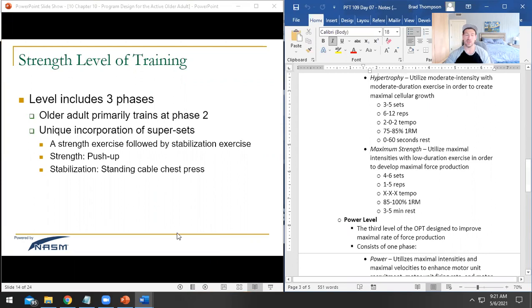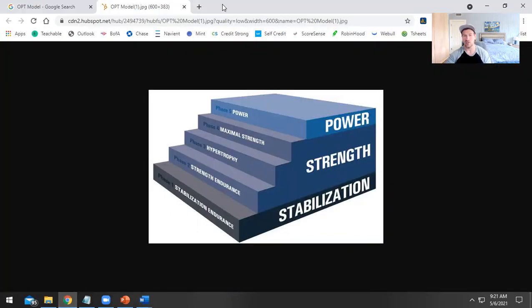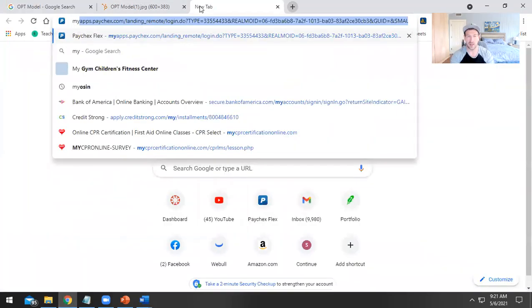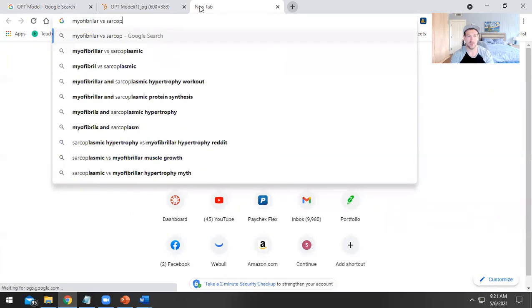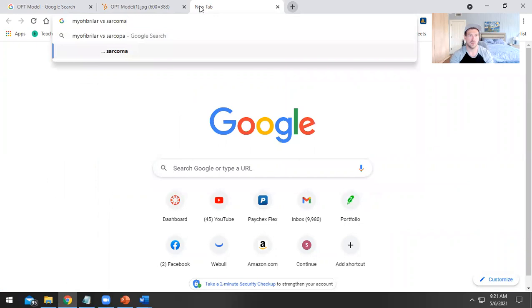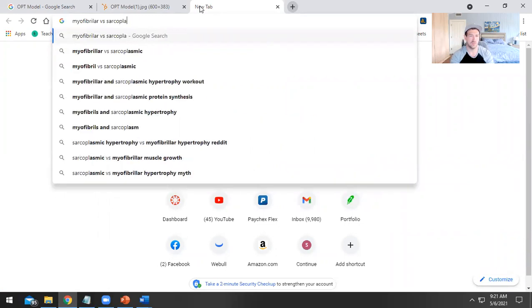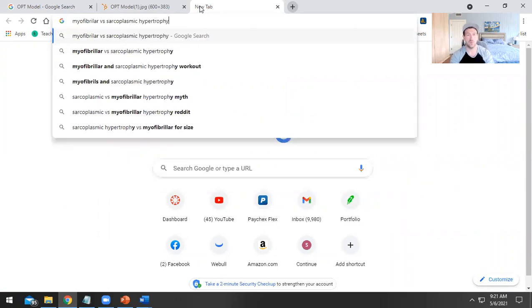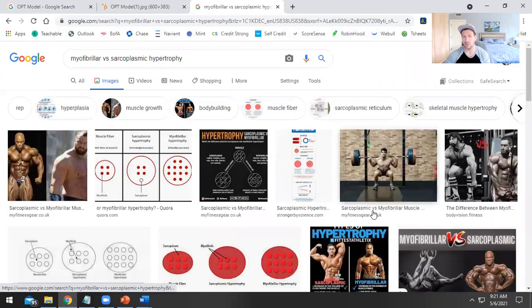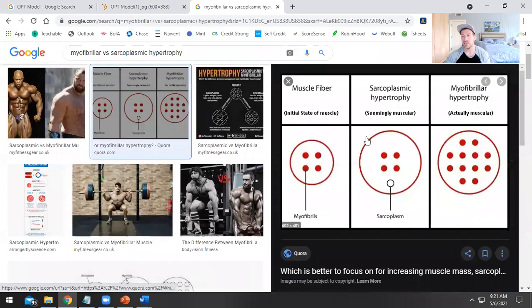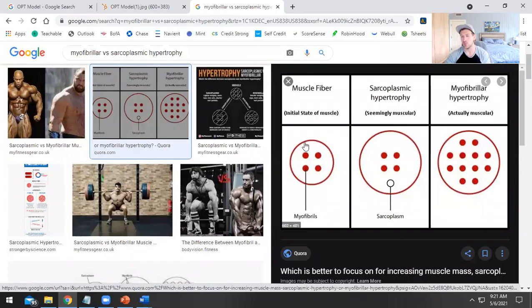right? Because we experience hypertrophy in two primary ways. We experience muscle growth in sort of two ways. You can see here a difference. Here's a normal muscle fiber.